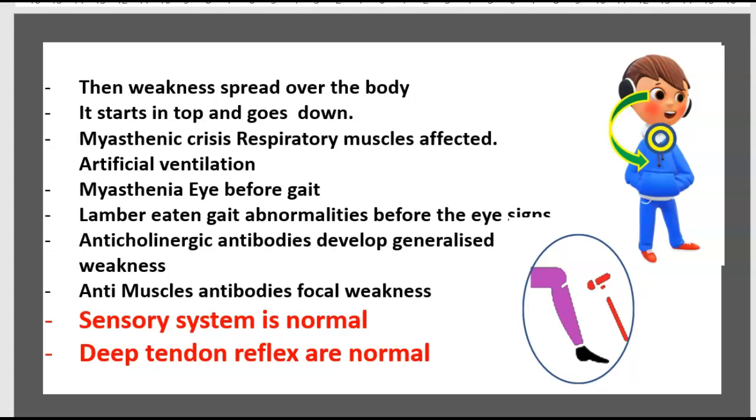In contrast, Lambert-Eaton goes gait before the eyes. Anti-cholinergic receptor antibody develops generalized weakness. Anti-MuSK antibody gives focal weakness, but the sensory system is normal. Deep tendon reflexes are normal.